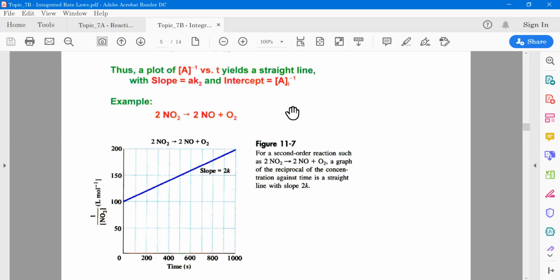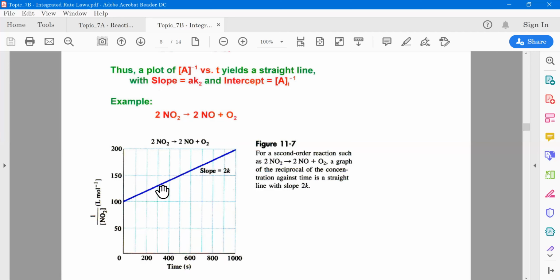So if we plot one for a series of experiments, and again, the data points aren't shown, but this is a series of several experiments that each use different initial concentrations. This is a plot of one particular experiment that used a particular initial concentration, in this case 100 moles per liter. And the plot that's shown here is one of 1 over A, 1 over the NO2 concentration, versus time.